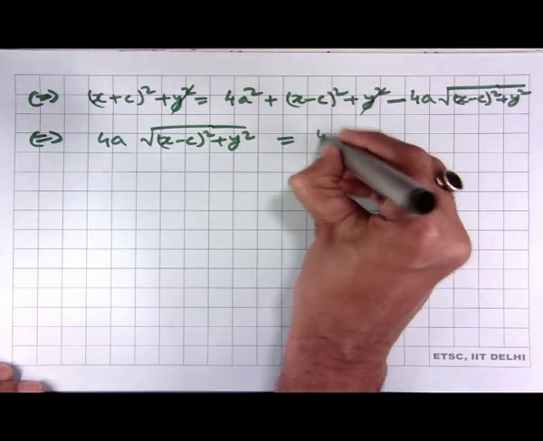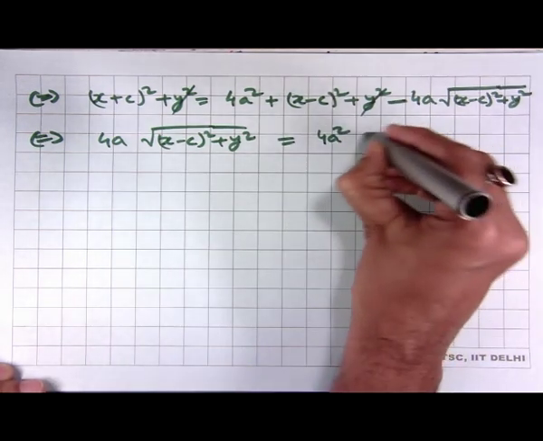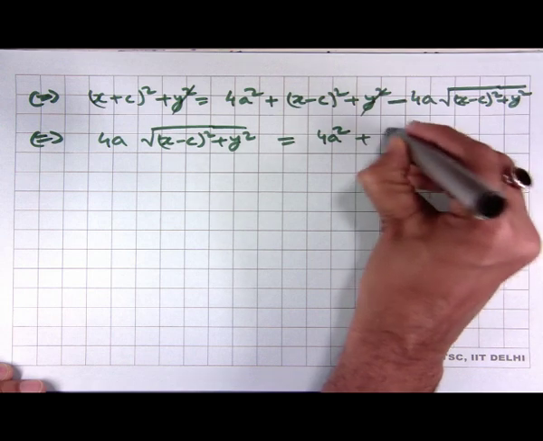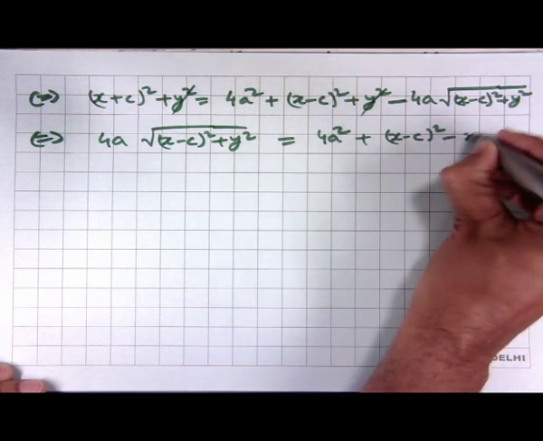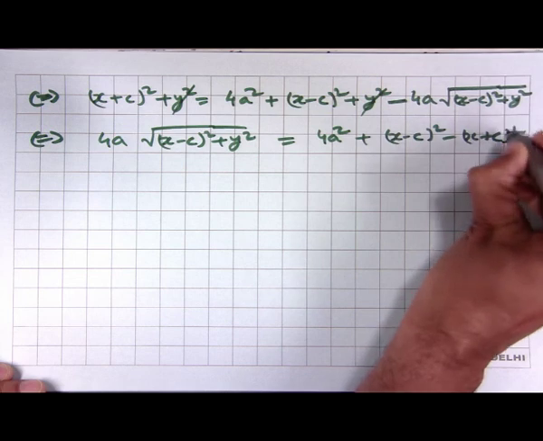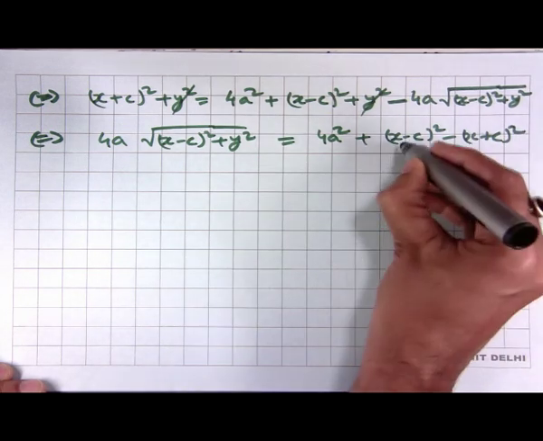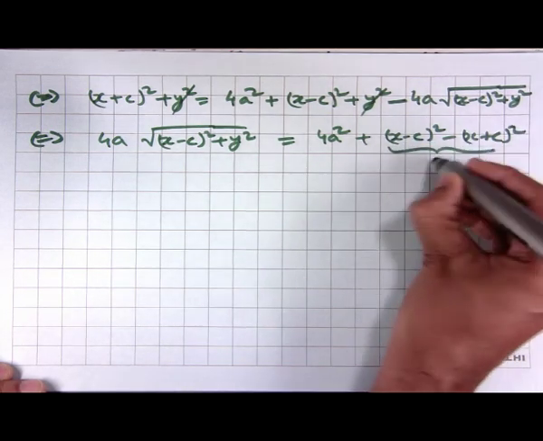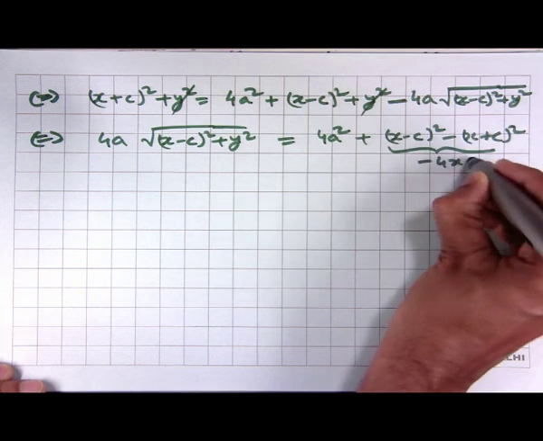So, 4a square plus (x minus c) square minus (x plus c) square is equal to minus 4xc.